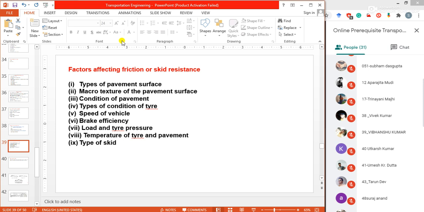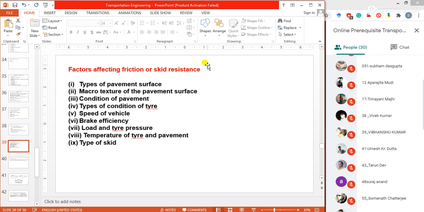You have also seen lots of advertisements on TV about treads. MRF tire, CEAT tire, Bridgestone tire, they have provided better treads on their tires. Why are they advertising these things? Because these are all related to the coefficient of friction or skid resistance, because we should maintain some coefficient of friction and skid resistance for better performance of the vehicle and to maintain the design criteria of the road.